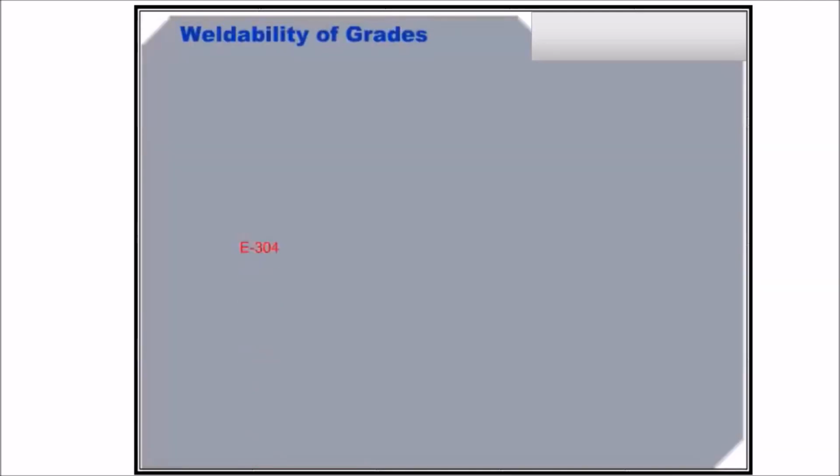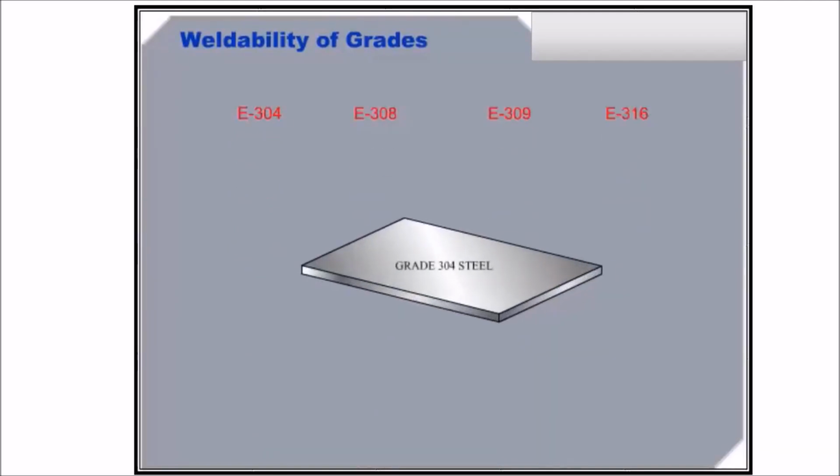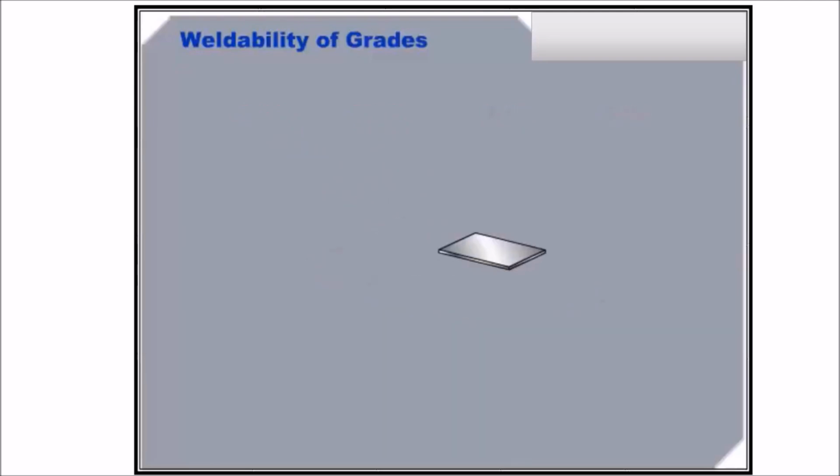As might be expected, the weldability of these grades varies significantly. The austenitic grades are very weldable with today's available filler metal compositions. These grades can be subject to hot short cracking, which occurs when the metal is very hot.